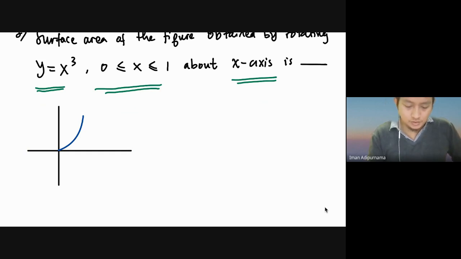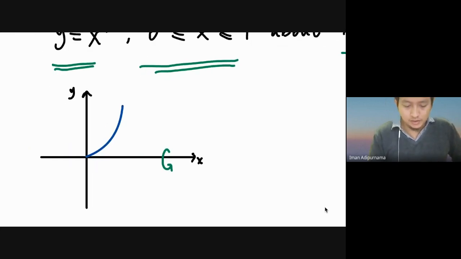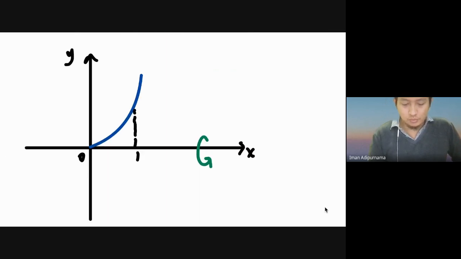It's rotated about the x-axis. So the idea here is, let's say this is 1, 0. This will be our radius, which is the y, or function of x.